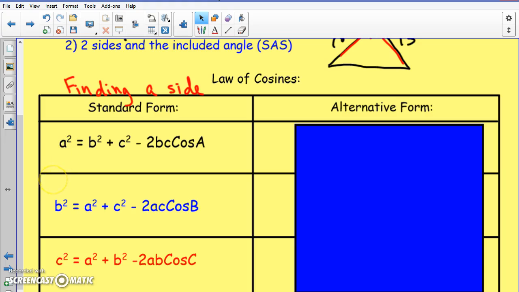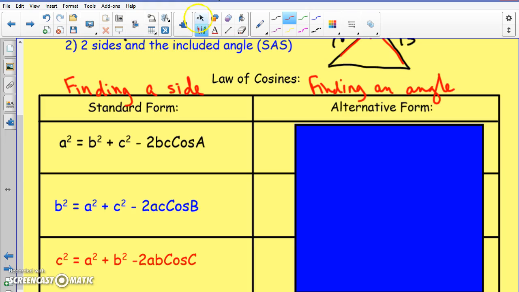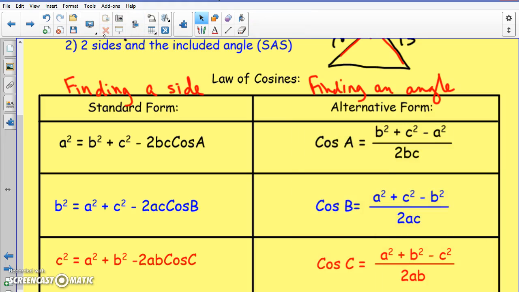Now if we want to try and find an angle, you will choose one of these three formulas, and I'll uncover these, and again we can pause the video.